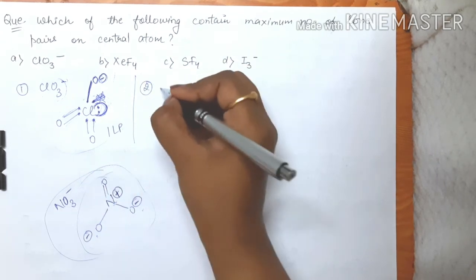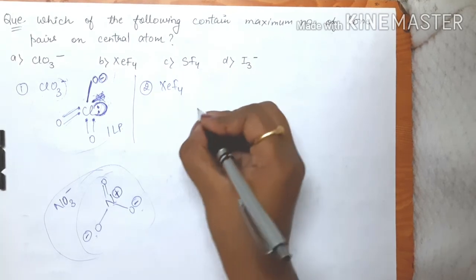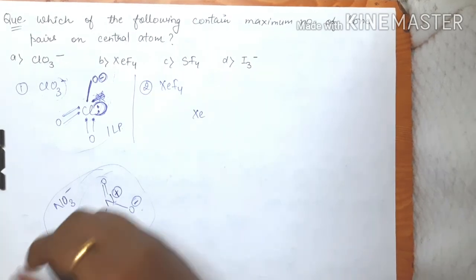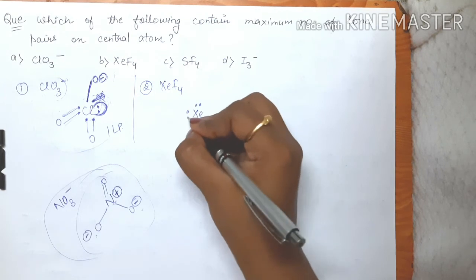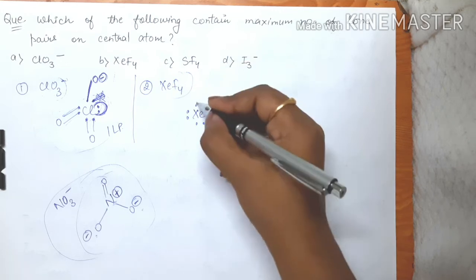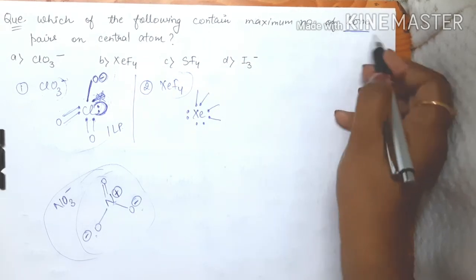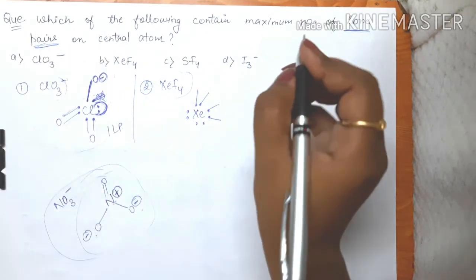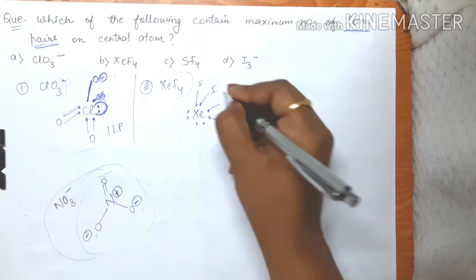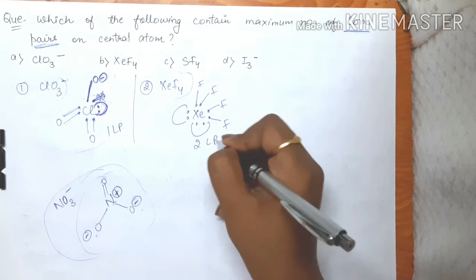Now we'll move on to XeF4. Xenon will be the central atom having 8 electrons in the valence shell. It is attached with 4 fluorines. We just have to make the rough structure because we just have to find the number of lone pairs. We are not going into the geometries. So 4 fluorines will be attached like this. It is having 2 lone pairs.